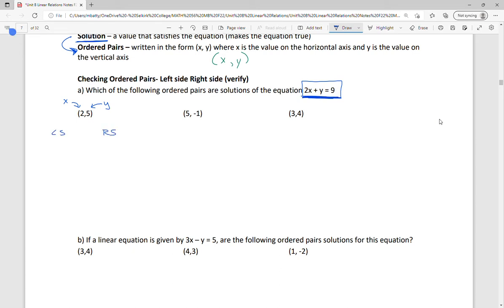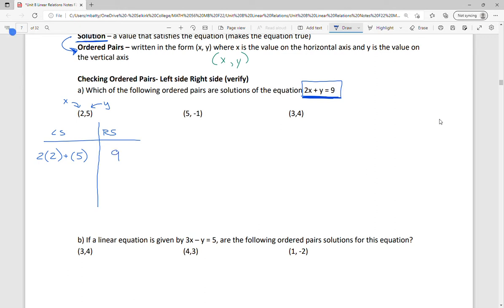So left side and right side. What I'm going to do is similar to what I did before, but this time I have both an x and a y to substitute in. Copying the left side of the equation, I have 2 times x, which is a 2, plus y, which is a 5, substituted in with brackets. The right-hand side is just a 9.